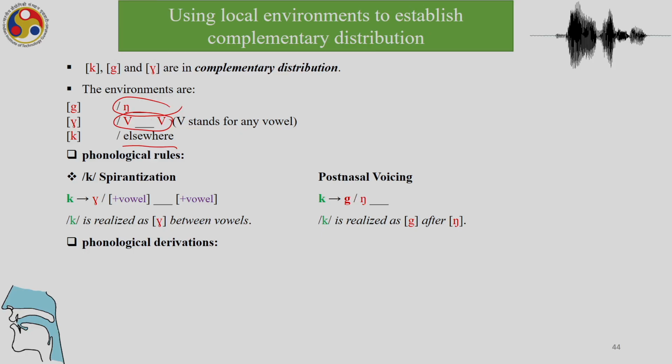One important thing that we see here is spirantization. So what does spirantization mean? It means that when a stop changes to a fricative, it becomes softer; this is called weakening, or lenition. So a stop becomes a fricative, and this process is called spirantization. What is the stop which changes to a fricative here?